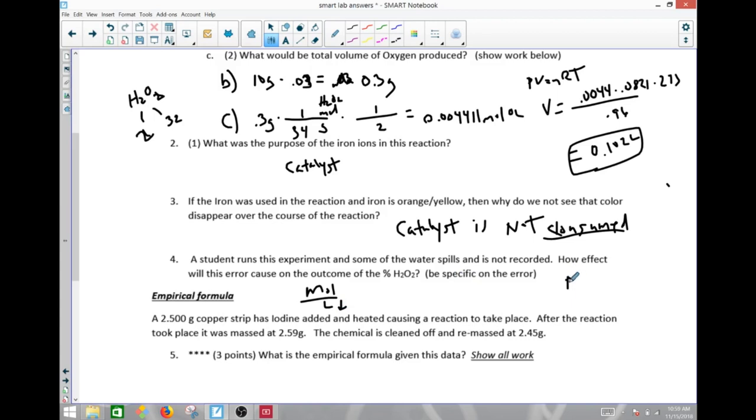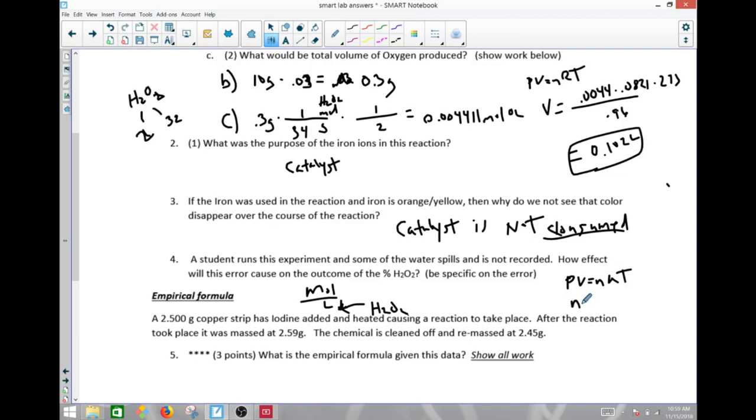So PV equals nRT. Actually, I want to take that back. This volume is not affected. This is the amount of the volume of H2O2 that we actually measured to begin with. That's not what they're referring to. I probably should be a little clearer in this, but they're referring to this volume right here.